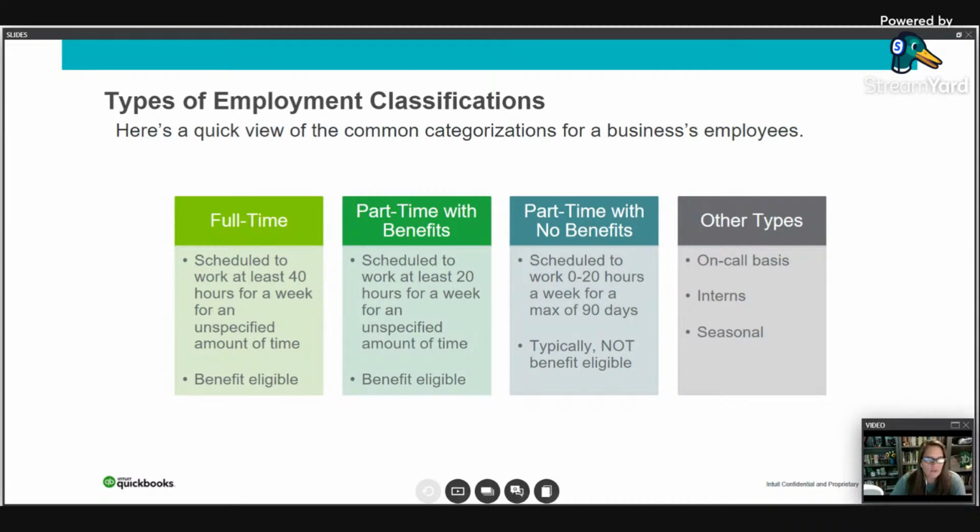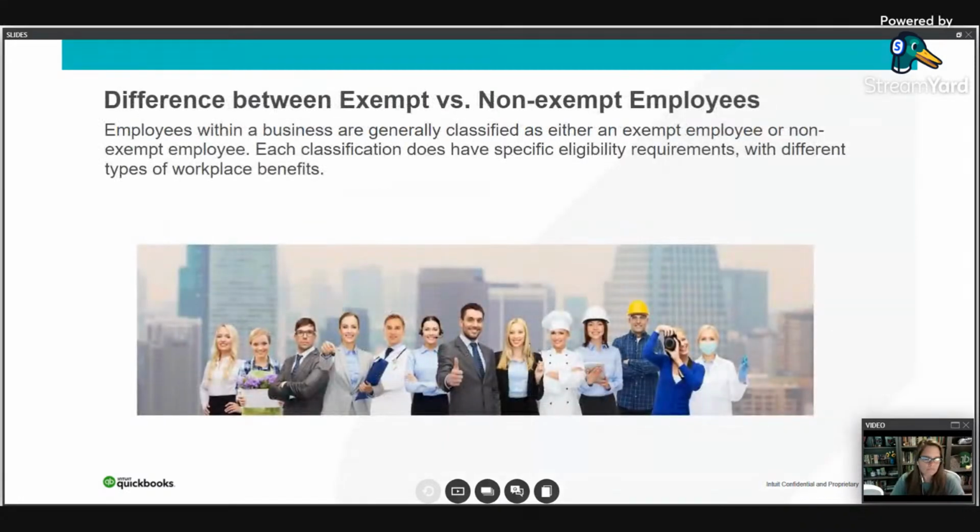Most employees, regardless of the type, whether they're full time, part time, seasonal, whatever, are going to be at will. I say most of them. And then we're going to talk about the difference between exempt versus non-exempt employees. So employees within a business are going to be classified as one or the other. Each classification has specific eligibility requirements with different types of workplace benefits, right?